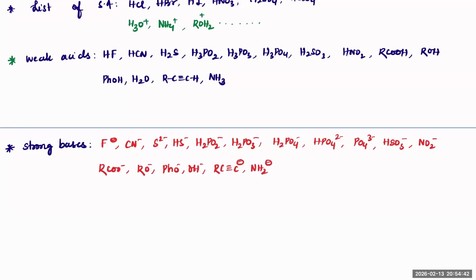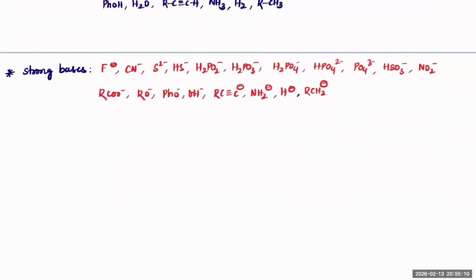In fact, H2 can also be added as an acid, which gives you a base which is H-, a very strong base. And if you have any alkane, which is an extremely weak acid, that can be converted into a conjugate base, which is RCH2-. So these are all strong bases.